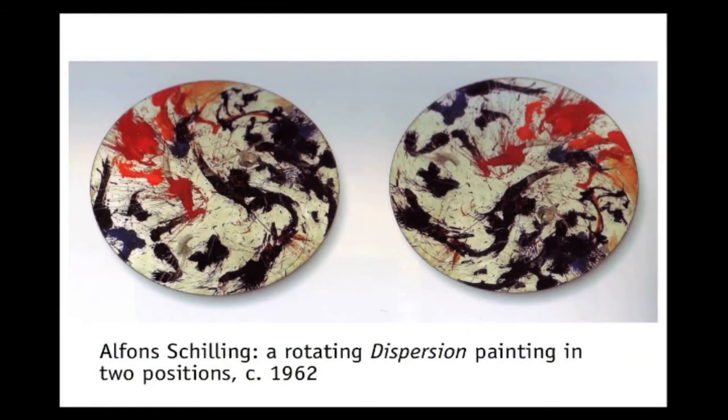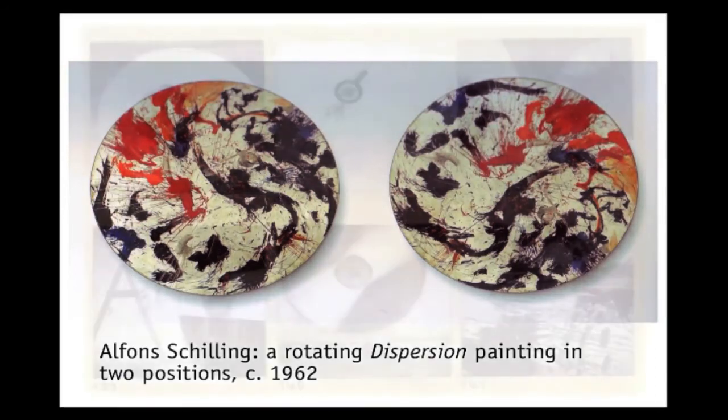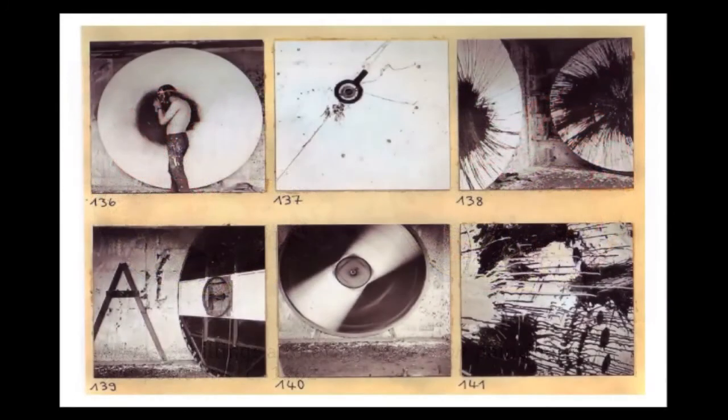This is actually a single rotation dispersion painting by Schilling shown in two positions. So look at it, it's the same painting, but it's just been kind of rotated a little bit differently. And what Schilling was interested in was actually not only using that device as a means of creation, but also as a possibility of display.